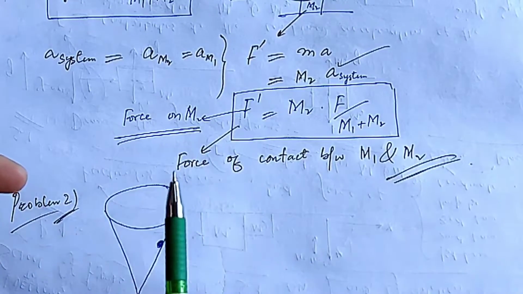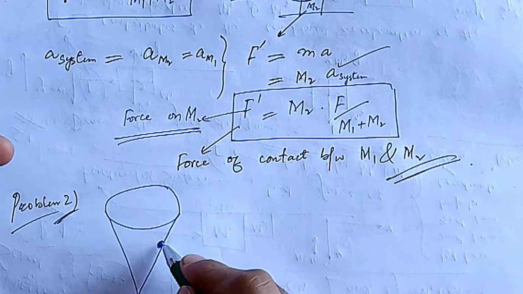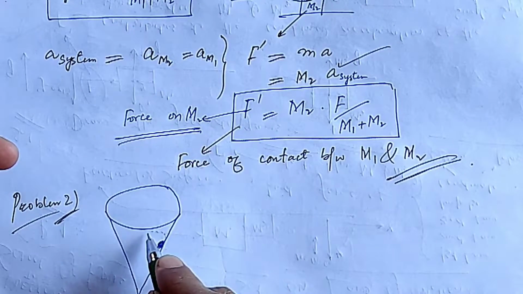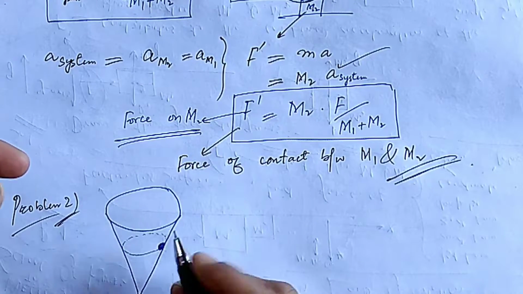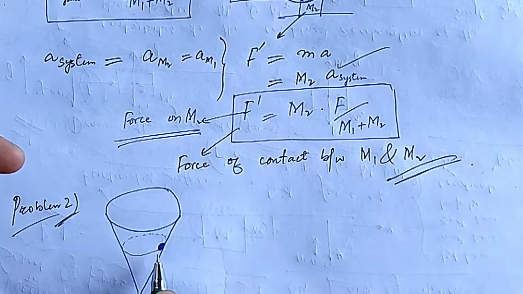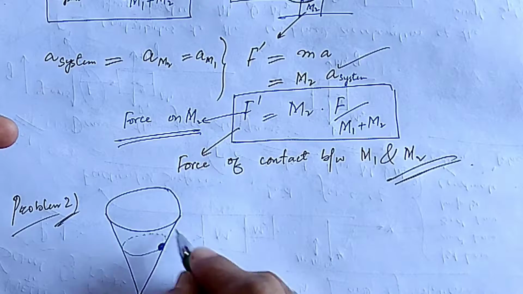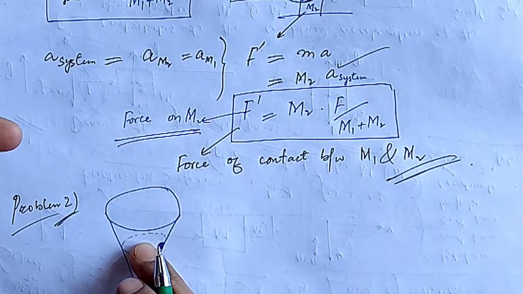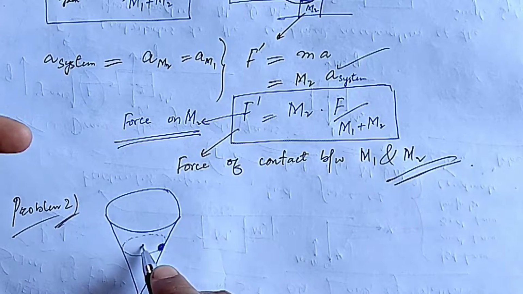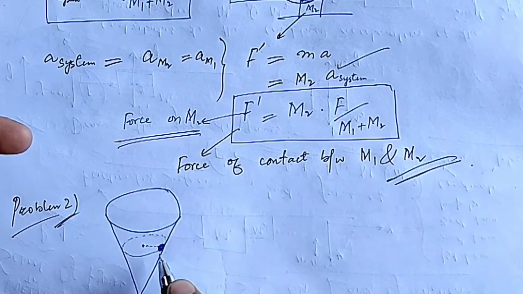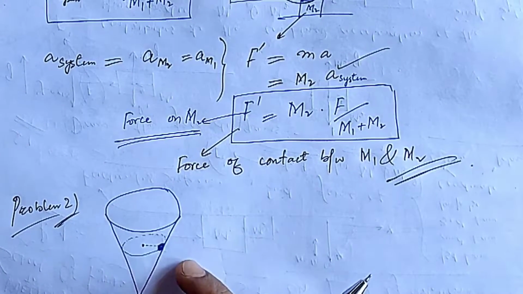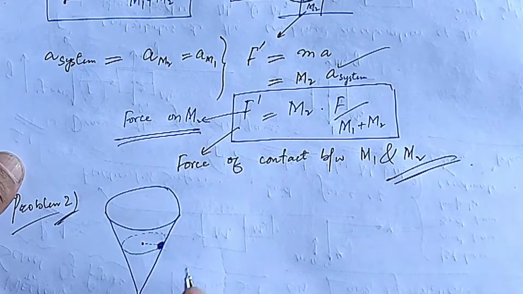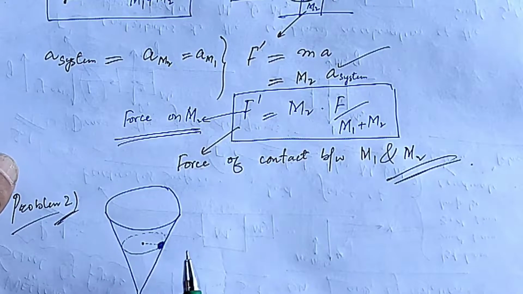If it is set in motion inside this cone, it will be moving in circular motion like this. This will be a circular path followed by this particle inside the cone, having some radius of this circle, not the radius of the cone, the radius of the circle which is exhibited by this particle.